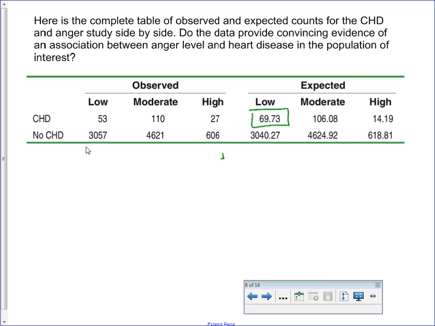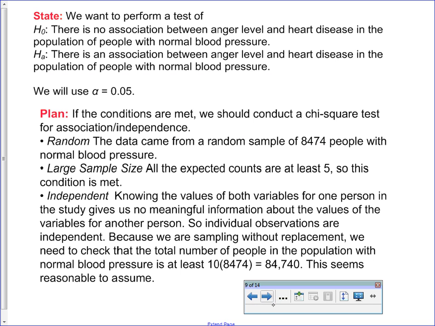If I wanted this one, it would be this total times this total divided by the overall total. But once again, we're not going to stress about that so much because the calculator will find our expected values for us. And then we would just do the chi-square numbers for this.